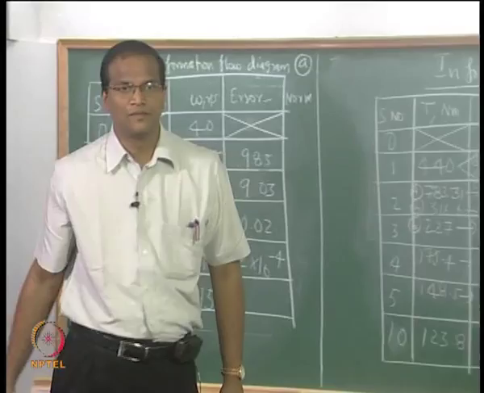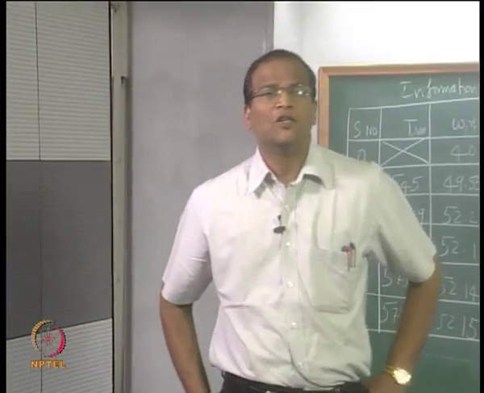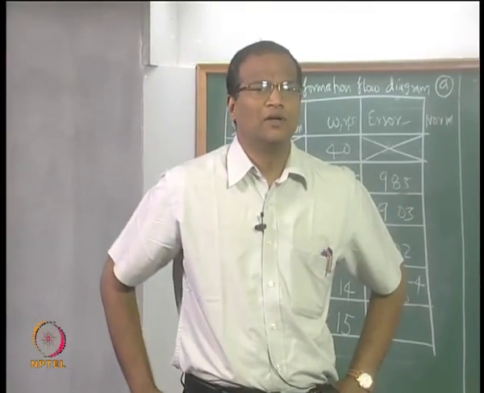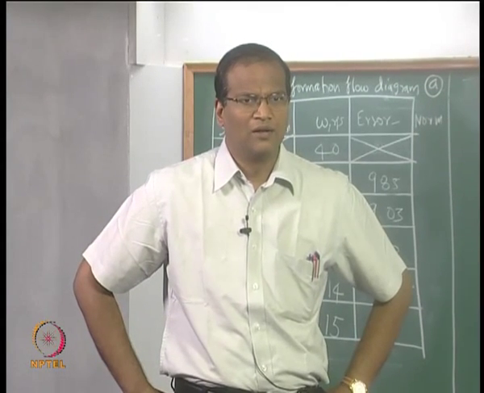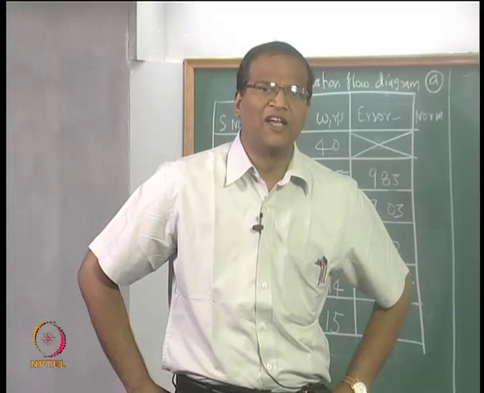Okay, so this is more like it. 11.22 into 40, how much is it? Around 500. 11.22 RPS, that is about 500 RPM.